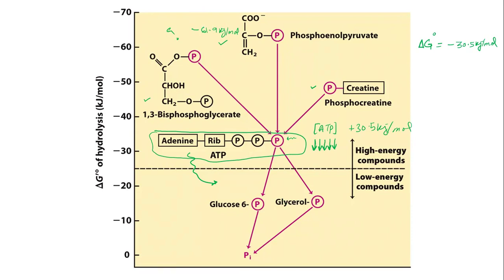So the intermediate position of ATP on the energy chart makes it an ideal energy coupler, because it can easily transfer energy to low energy compounds and high energy compounds will replenish its concentration. So its concentration will be maintained inside the cell.